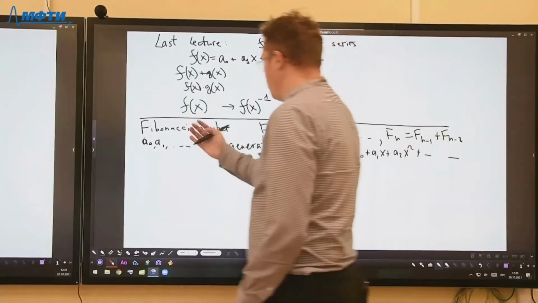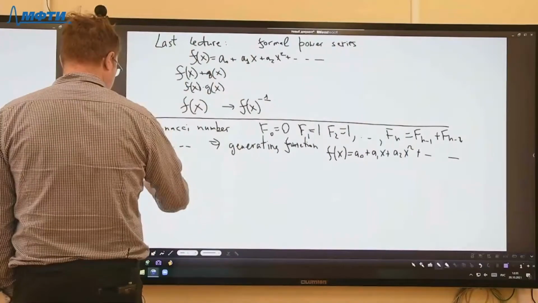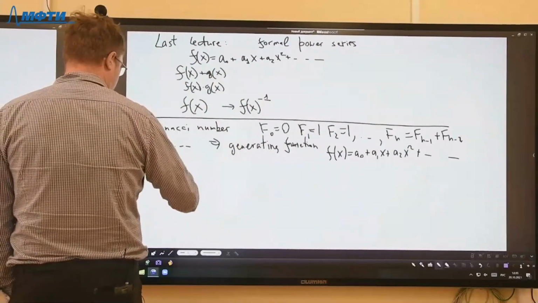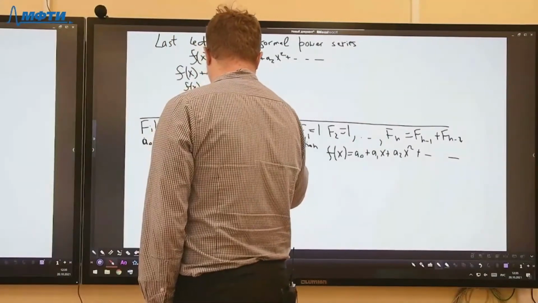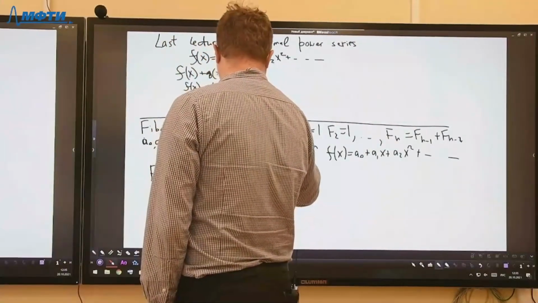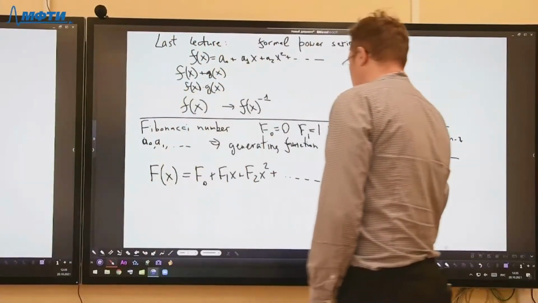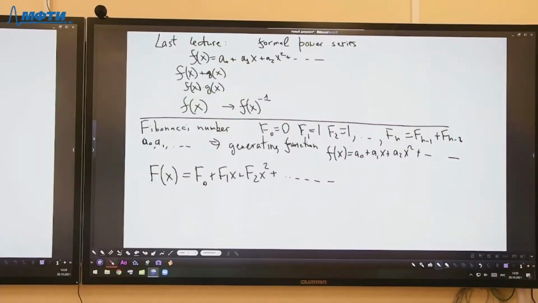So the generating function for the Fibonacci numbers will be the formal power series which starts from F0, then F1, then F2, and so on.